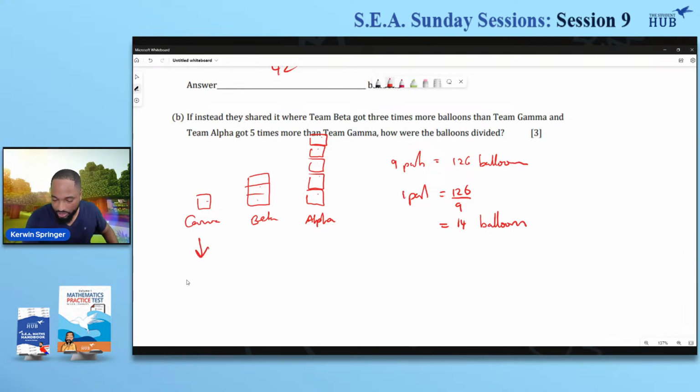So Gamma will get 14. Beta will get 14 times 3, which is 42. And Alpha will get 14 times 5, which is half of 140, which is 70 balloons.